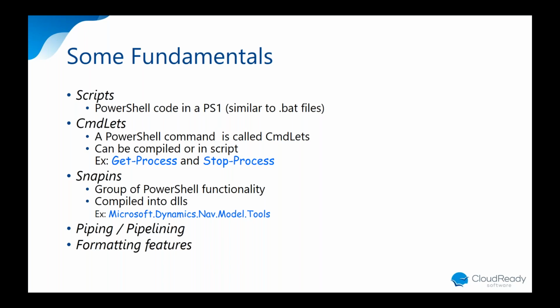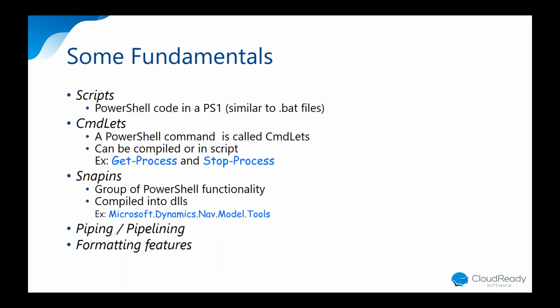Another fundamental thing in PowerShell is piping and the pipeline. And it's actually the same thing: using the pipe symbol. I'm not going to tell too much here about that, but the pipe symbol is quite important. If you're not used to that, you need to get used to it.